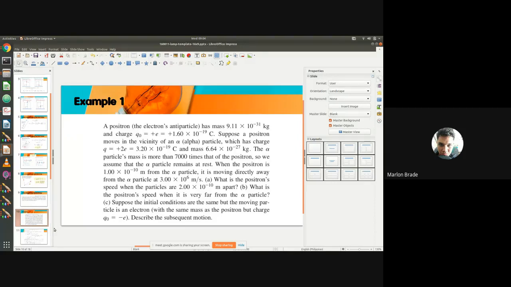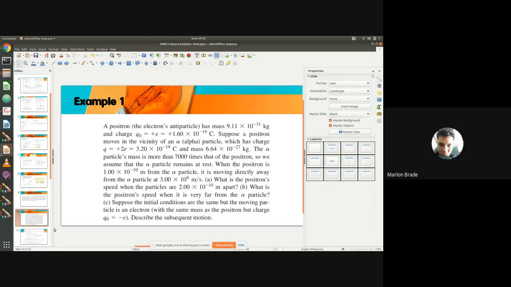Basta kay positive charge ang alpha particle, which has a charge of Q equals 2e, which is equal to 3.20 times 10 to the negative 19 coulomb, and mass of 6.64 times 10 to the negative 27 kilogram. So the alpha particle's mass is more than 7,000 times that of the positron.